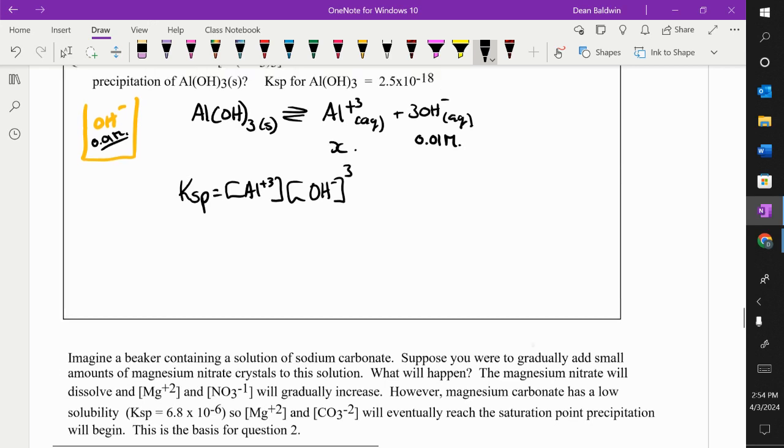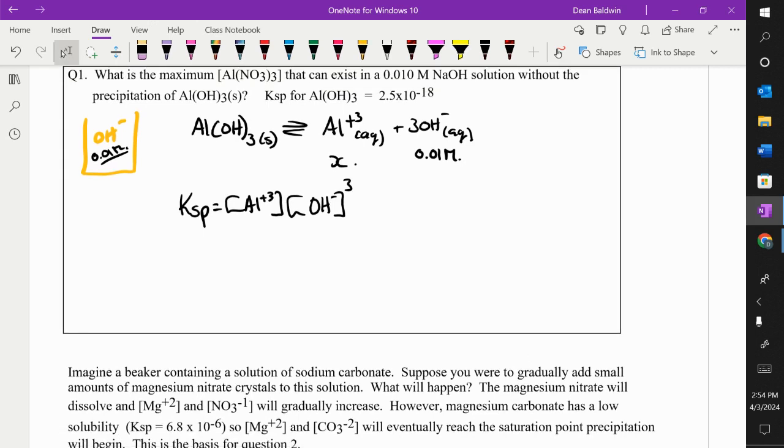We know what the KSP is, and then we plug in our variables or our unknowns. So we get X times 0.01 cubed, not 0.1.